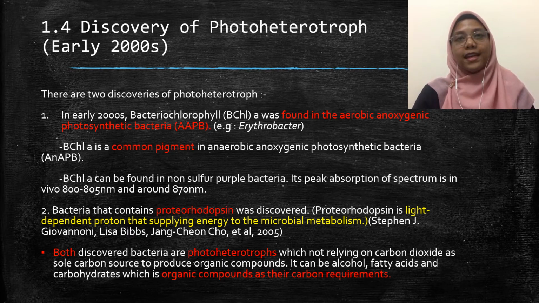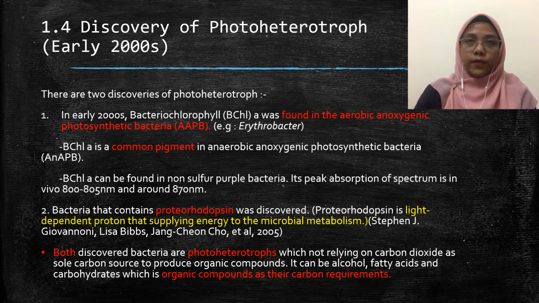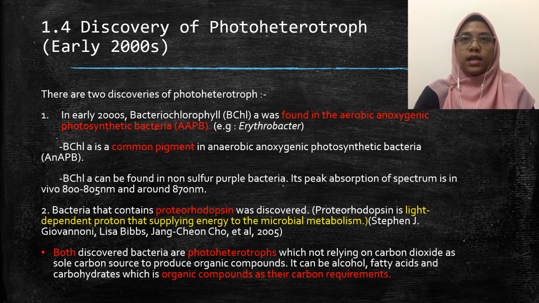Bacteriochlorophyll a is a common pigment in anaerobic anoxygenic phototrophic bacteria, found in non-sulfur purple bacteria. Its peak absorption spectrum in vivo is 800 to 805 nanometers and around 870 nanometers.